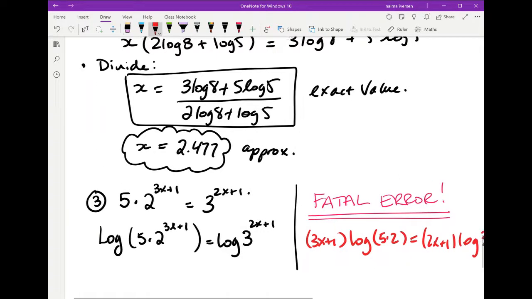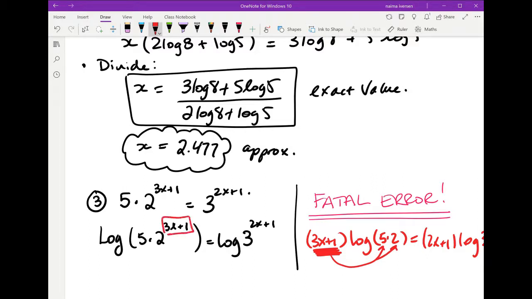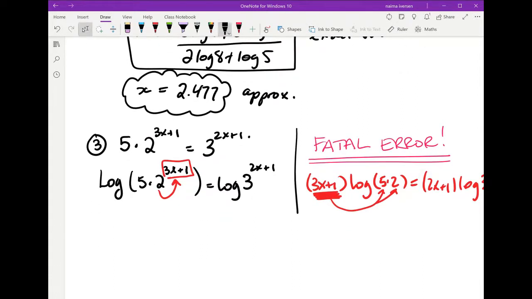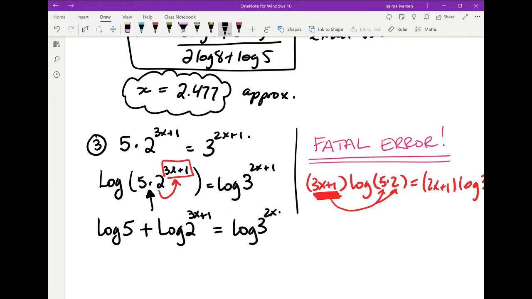The reason why this is a fatal error is because this exponent right here that you've brought down now works on both the 5 and the 2, which it didn't before. This exponent right here actually only comes from the 2. So what we actually have to do is we have to see that there's a multiplication sign in here. And multiplication in logs really means that we're going log of 5 plus log of 2 to the power of 3x plus 1. You have to separate those guys first before you can start dealing with those exponents.